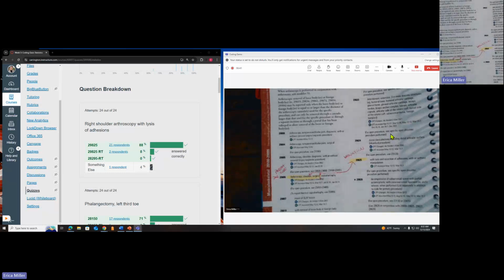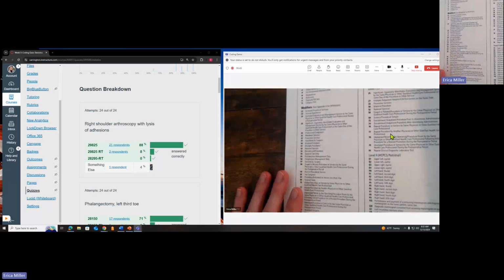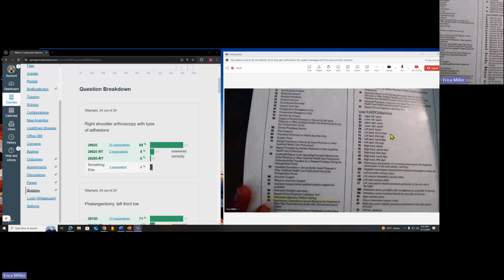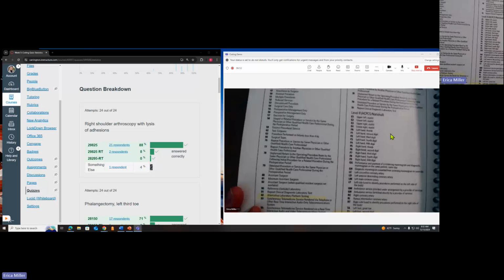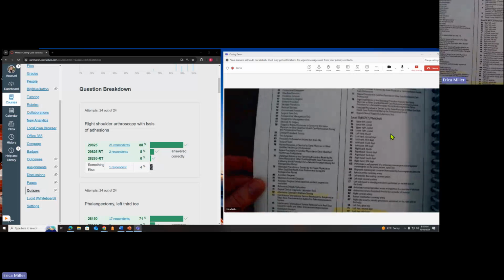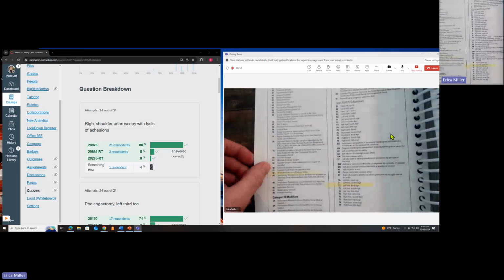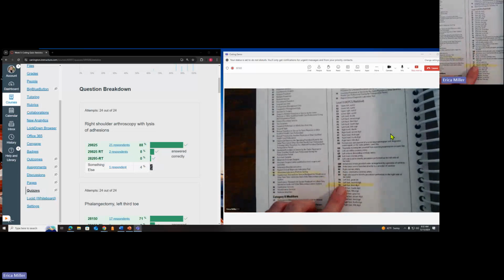The RT modifier, let's talk about modifiers really quick. So in the very beginning of the front cover of your book, you've got a cheat sheet list of modifiers. Now let me talk about informational versus functional modifiers, okay? So informational modifiers are going to be left, right, so LT, RT, TA, left foot, great toe, right?